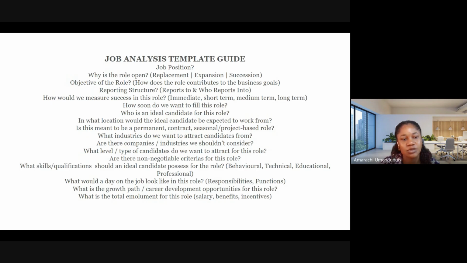So if you had gotten the right information from the outset, it helps you cut down on these tendencies. It helps you mitigate this kind of risk that might arise in the course of the recruitment exercise.